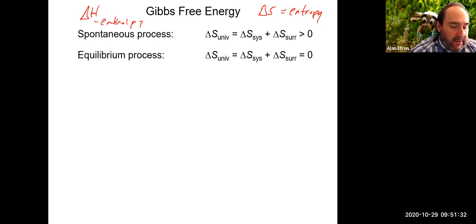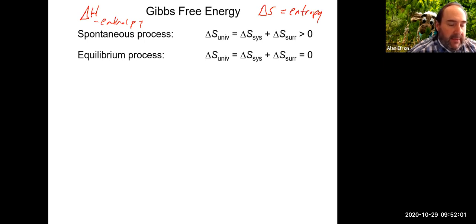We typically will find all these values in a table. Much like delta H and other values, we do need to take the coefficients of the balanced equation into account. So we need to multiply the coefficient by the values that we find in that table. Now, we also talked about making sure, when you go to that table, or really any thermodynamic table, that you not only find what you're looking for, but you find it in the correct state.